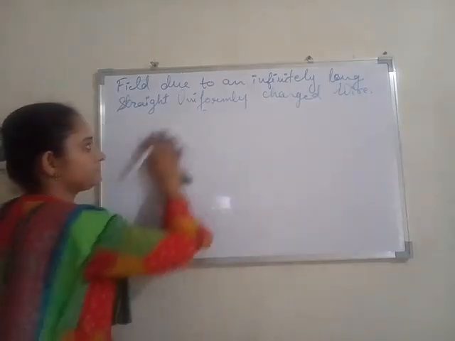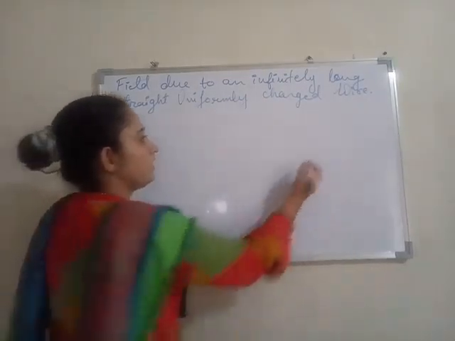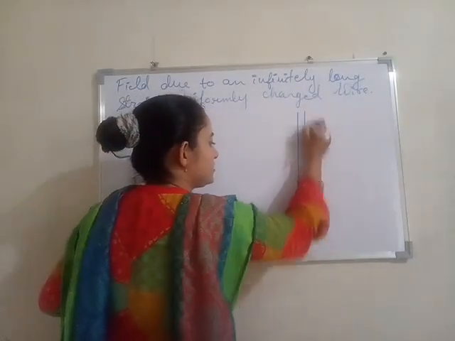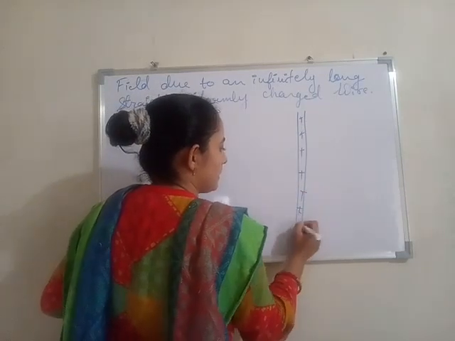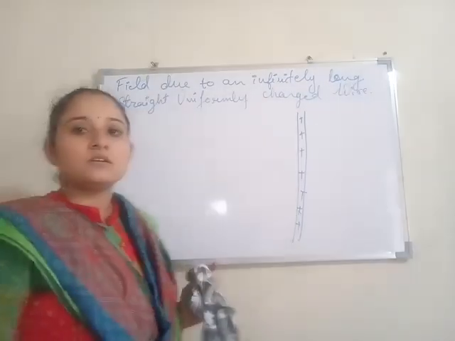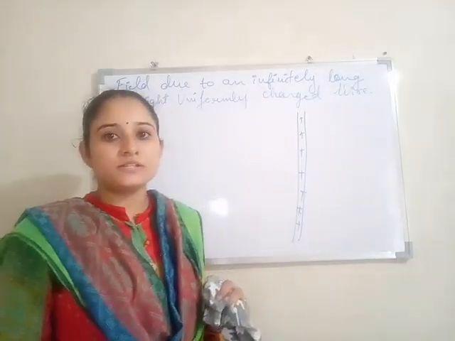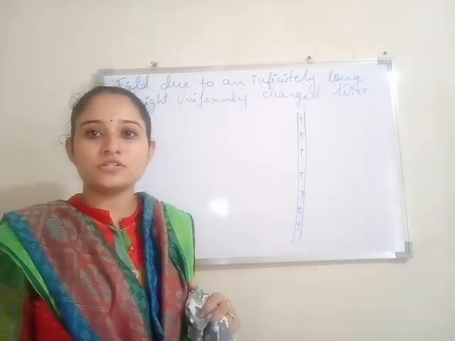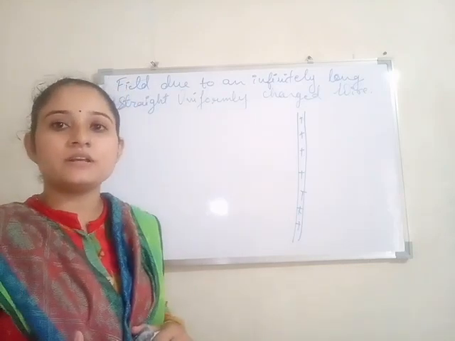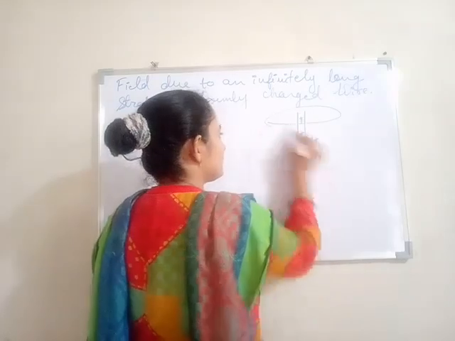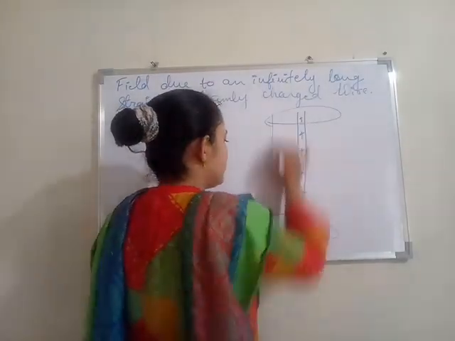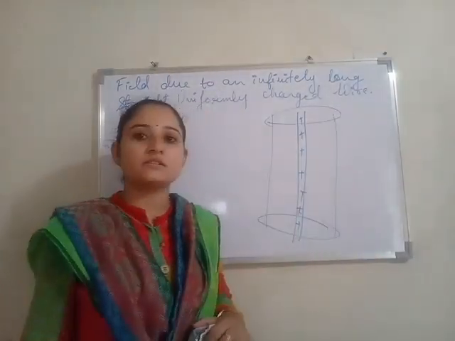Now consider a charged wire, and in Gauss law we take the Gaussian surface. Here also we will take a Gaussian surface. We will take a cylindrical surface as the Gaussian surface. So we took this cylindrical part as the Gaussian surface.